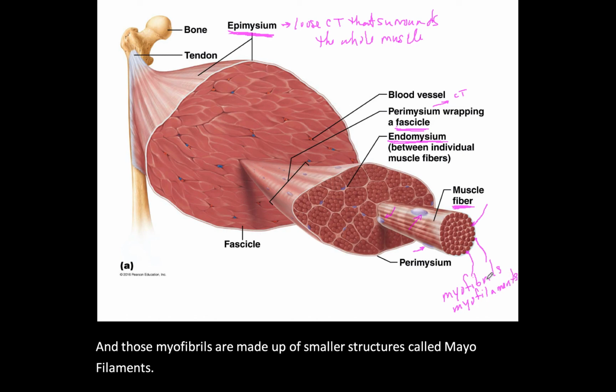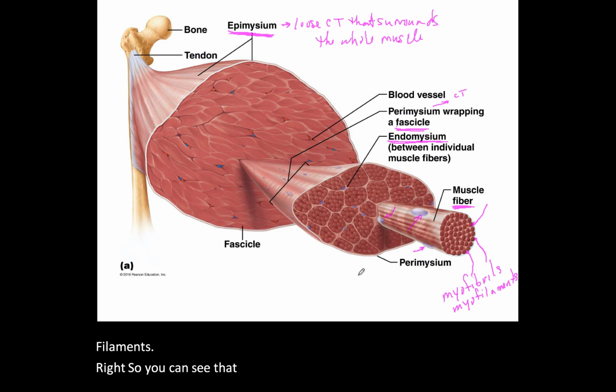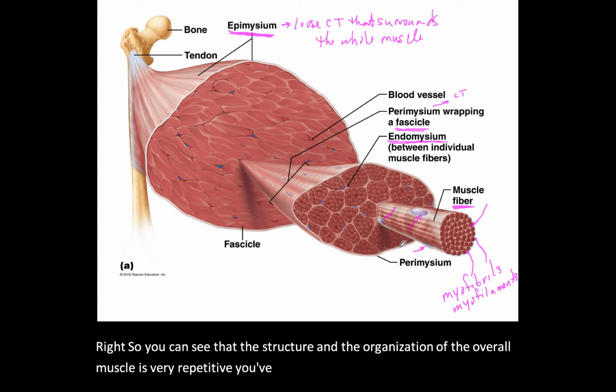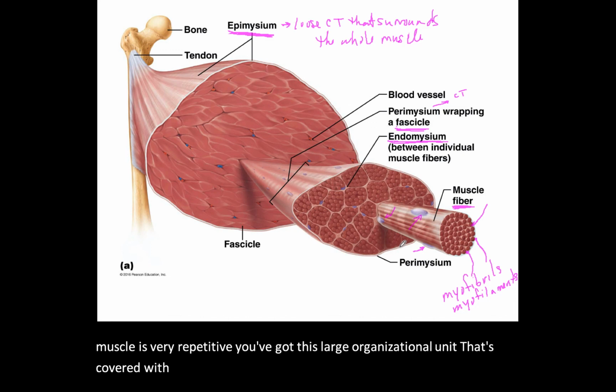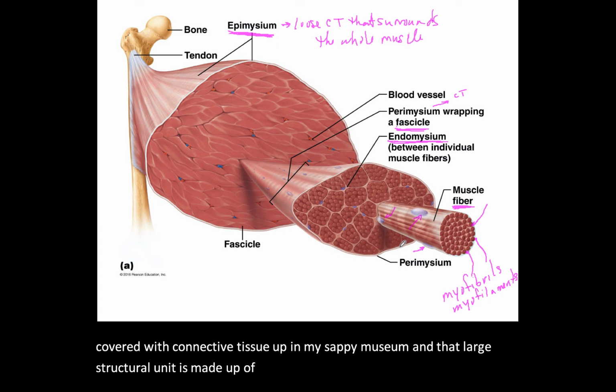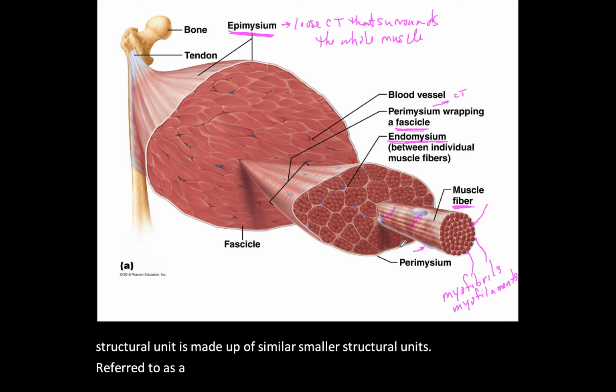And so you can see that the structure and the organization of the overall muscle is very repetitive. You've got this large organizational unit that's covered with connective tissue, epimysium. And that large structural unit is made up of similar, smaller structural units referred to as a fascicle that is covered with connective tissue, the perimysium.